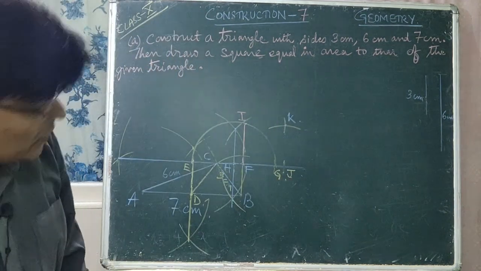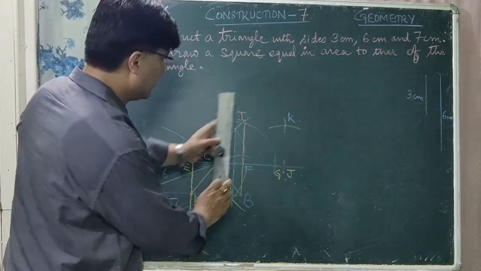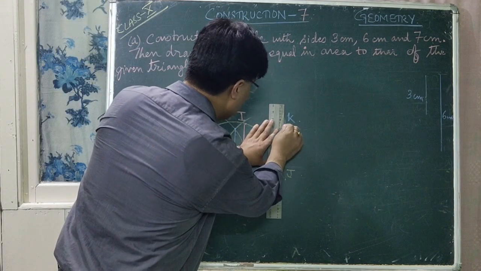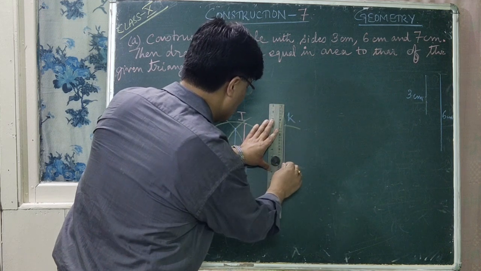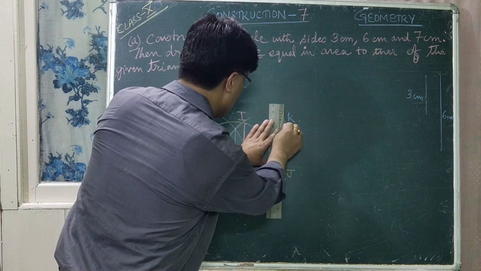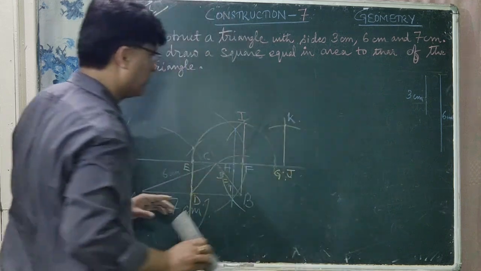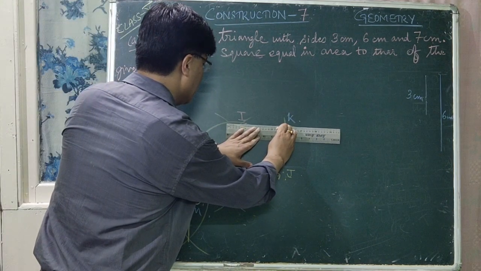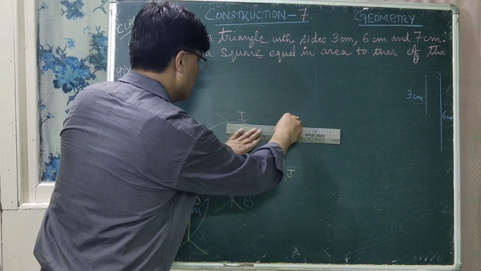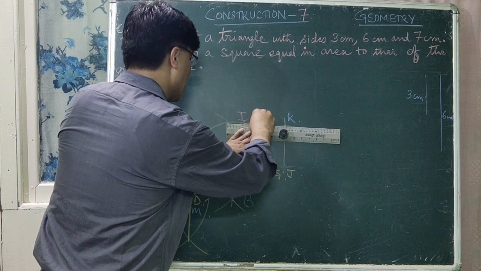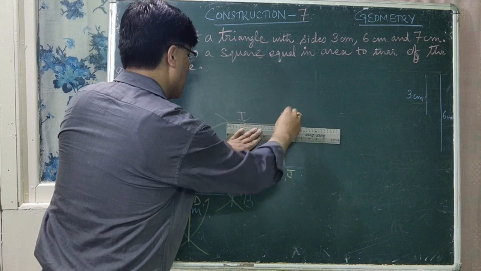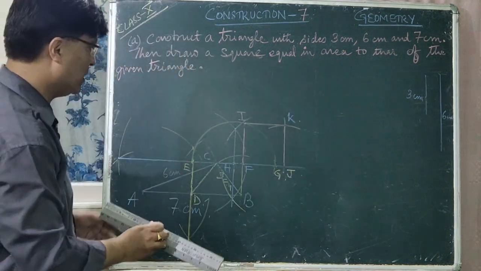Now you join J and K. You join I and K also. So I and K are joined.